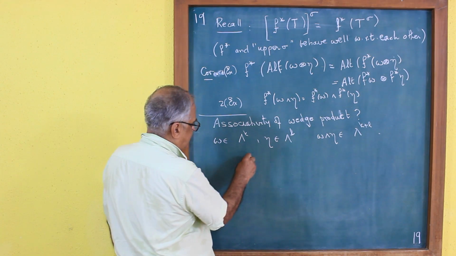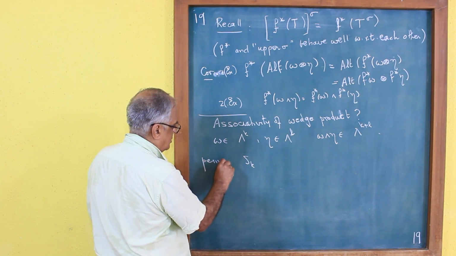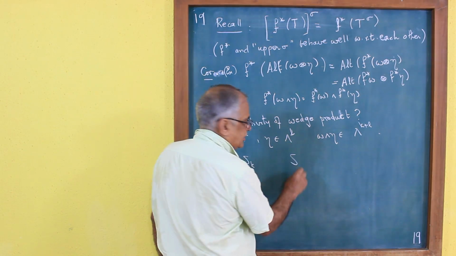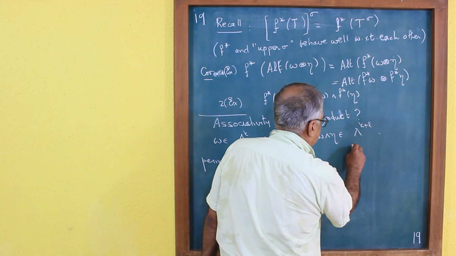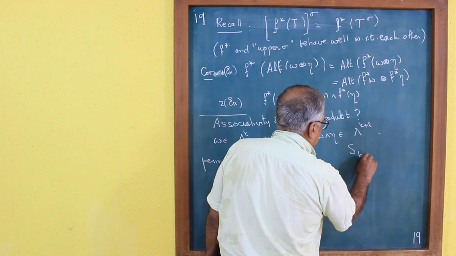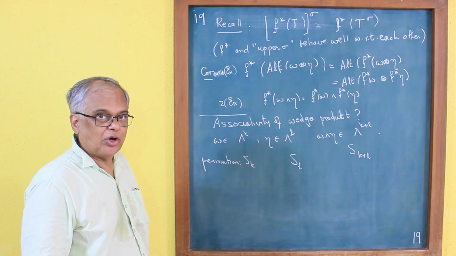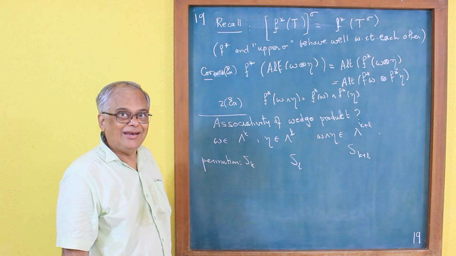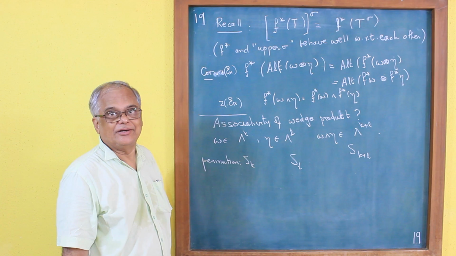For this thing, we have the permutation group Sk. For this, we have the permutation group Sl. And for the last one, we have the permutation group Sk plus L. The first thing is a permutation group on K letters. Then you have the permutation group on L letters. And then you have the permutation group on K plus L letters.